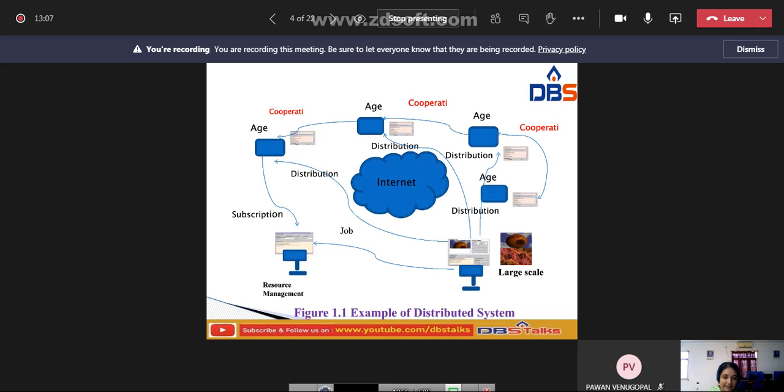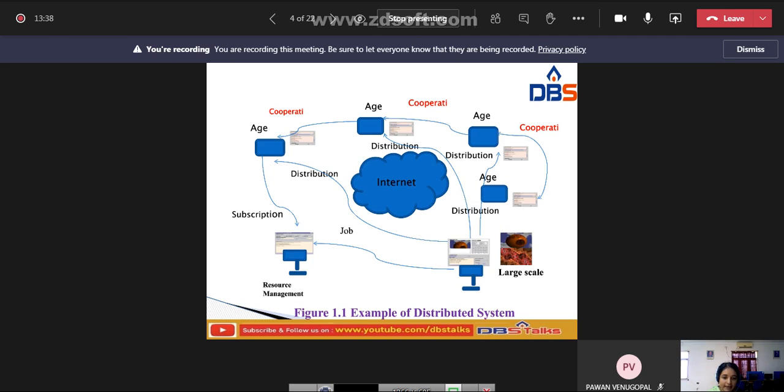So this is the diagram of the distributed system. In the middle of the diagram we have the cloud, that is the internet. Surrounding the internet we have many resources like distribution, large scale, resource management, subscriptions, cooperations. Different users gather information through the internet in a distributed nature.